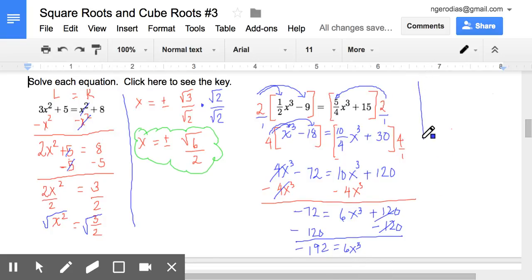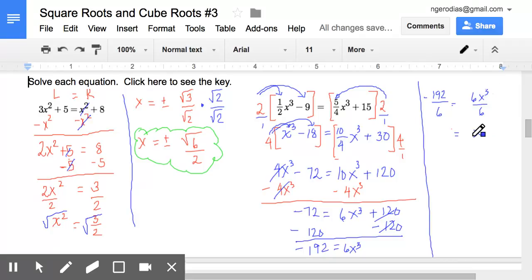So let's continue over here. So I'm going to have negative 192. Okay, we're going to divide both by 6. So negative 192 over 6 is equal to 6x cubed over 6.